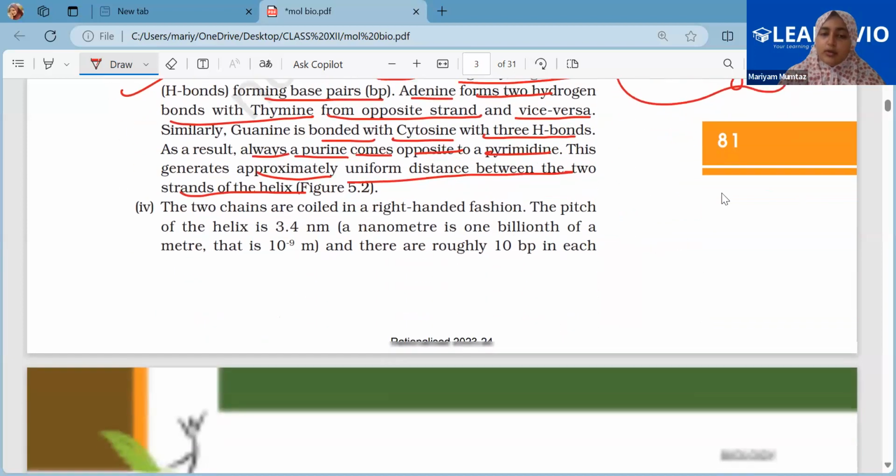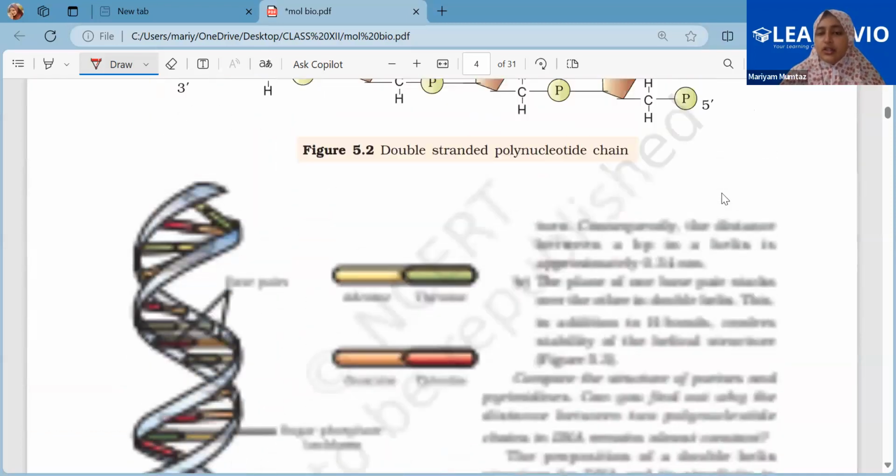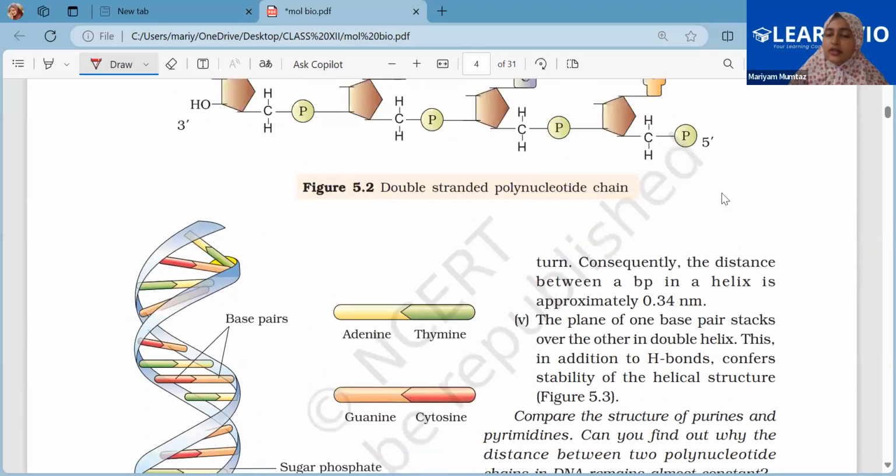Now the two chains are coiled in a right-handed fashion, meaning the helix is like this. It's not left-handed. Now the pitch of the DNA helix is 3.4 nanometers, and there are roughly 10 base pairs in each turn. Consequently, the distance between base pairs in a helix is approximately 0.34 nanometer.